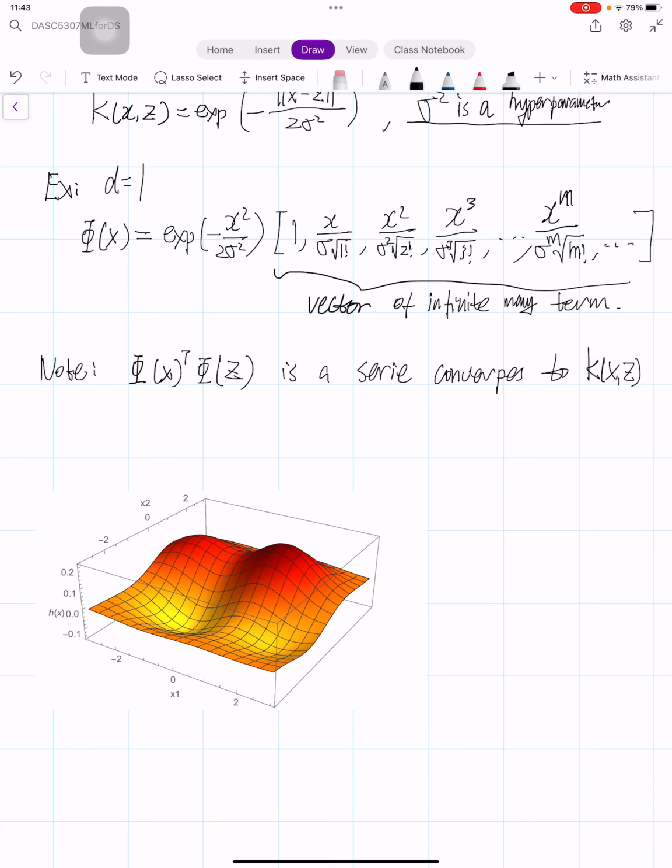At this point, it may not be best to think of the points in the high dimensional space. It's no longer useful intuition; instead, we just work with the kernel.